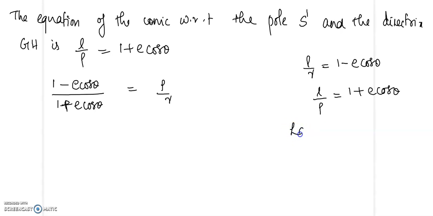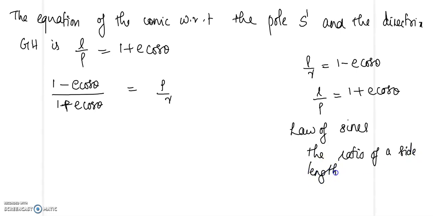By the law of sines for any triangle, the ratio of a side length to the sine of the opposite angle is the same for all three sides.